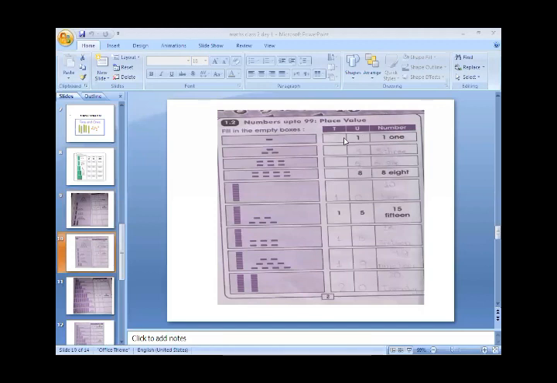Here T means tens and U means unit. So you will write 6 at unit place because we write a one digit number at unit place. You will also write 6 in the number column: SIX 6.